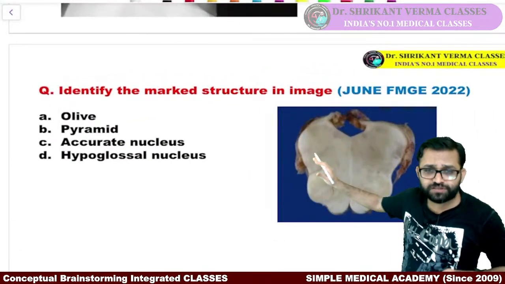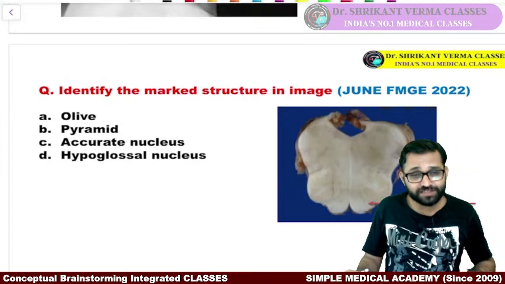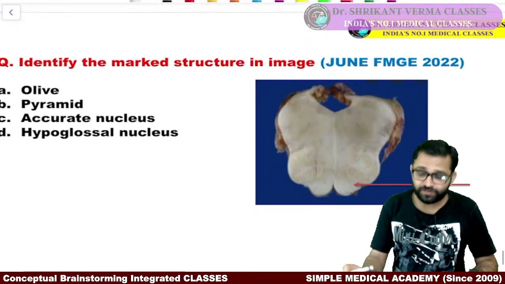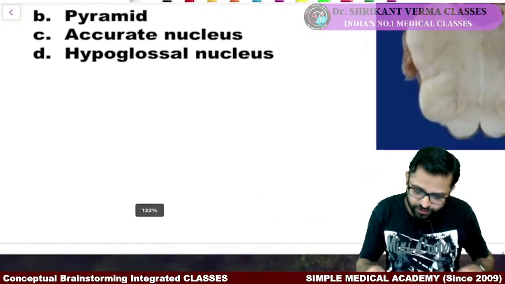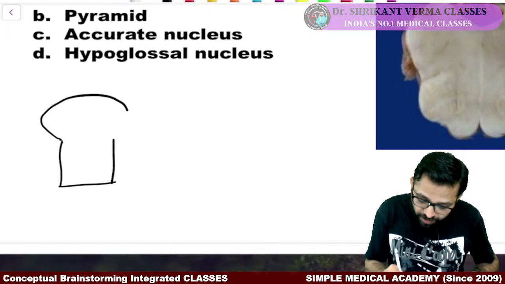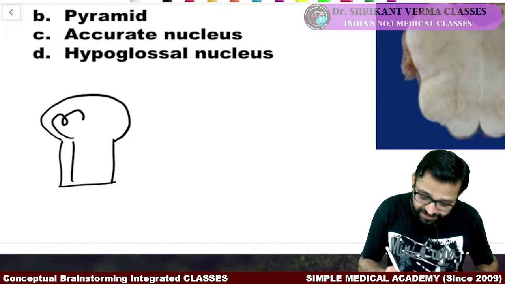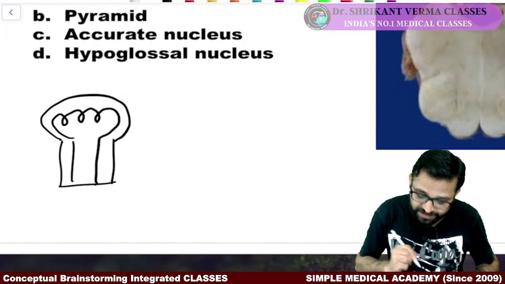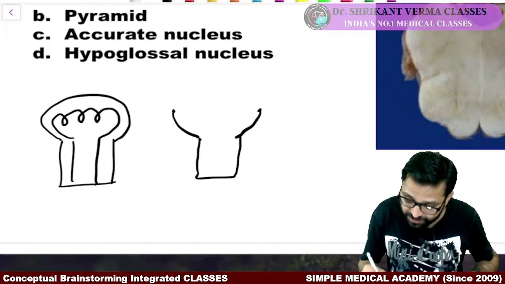One more question from our neuroanatomy part. See here, identify the marked structure in the image. Here you can see the medulla oblongata. I told you that this is the bulb. Medulla is a dilated, bulb-like structure, just a truncated bulb-like structure.